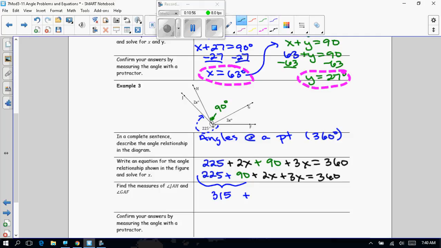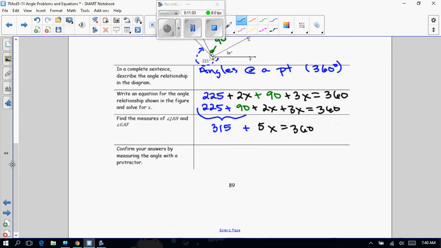Plus, if I add the 2x and the 3x, I get 5x. I'm going to scoot this up a minute. There we go. I'm now going to subtract my 315 from both sides, because what you do to one side, you have to do to the other. And I now have 5x equals, and what's 360 minus 315? What is that, 45?